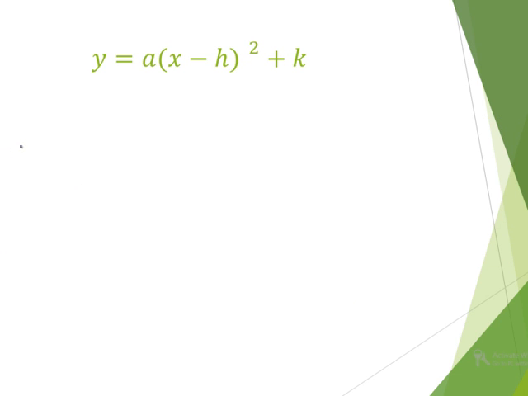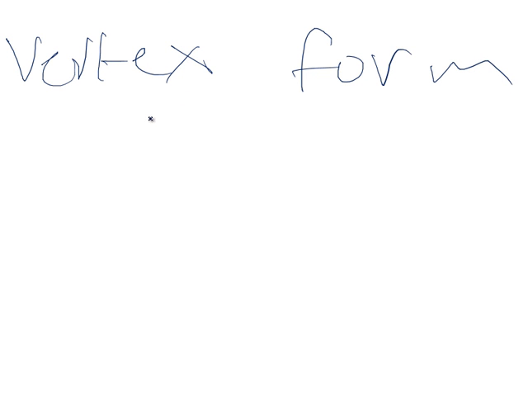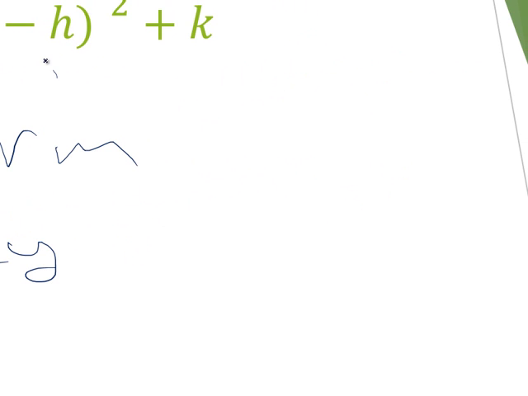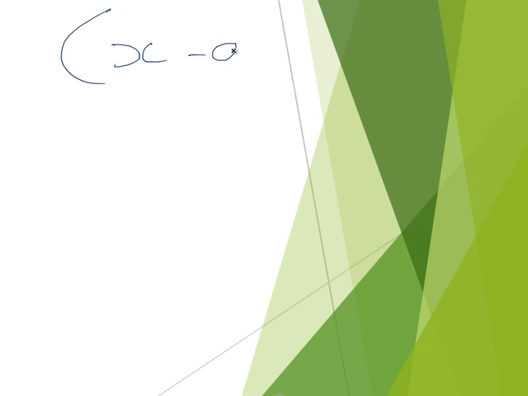Next, this is known as the vertex form. To get the x-intercept, you find zeros by using any way, and to get the vertex point is pretty obvious. You take the h and the k, and it's the same situation as I told you in x minus q, x minus p.